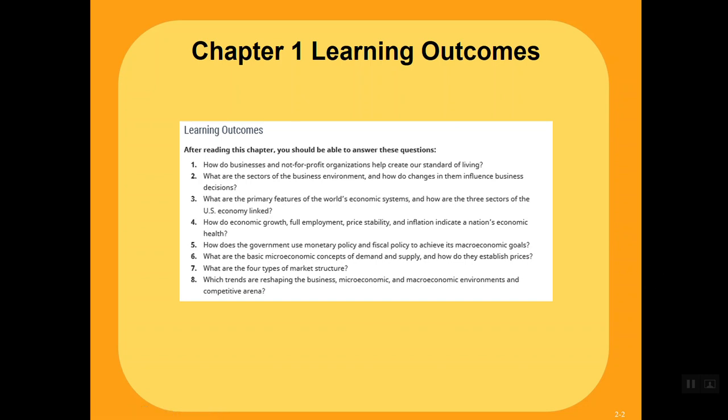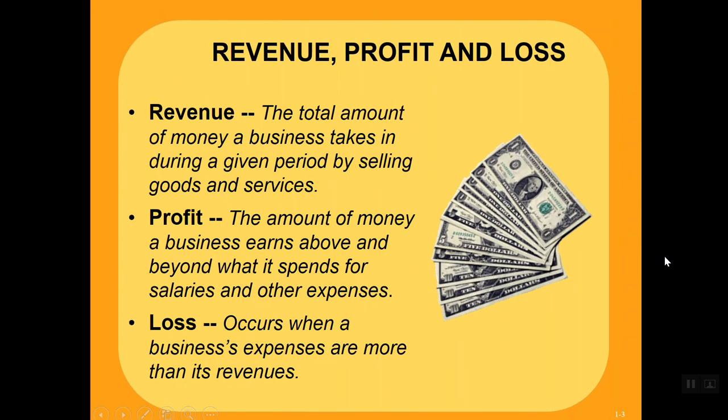You should master these, as I said, through completing your weekly requirements by reading the chapter and studying my lectures. Well, let's start off with taking a look at the basic principles of how a capitalist economy such as the United States operates. There are revenues, which are the total amount of money a business takes in.